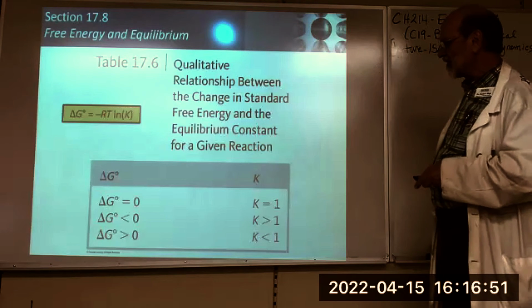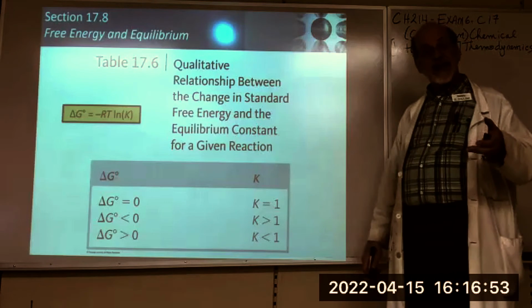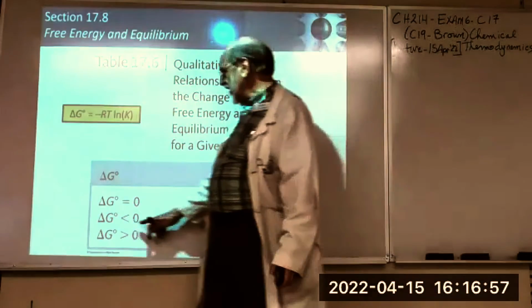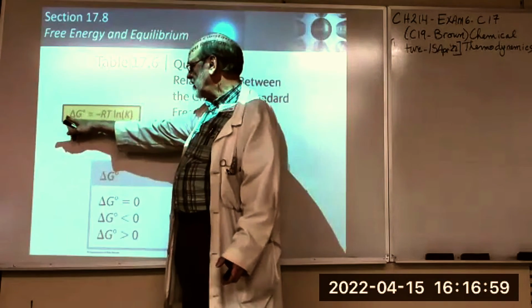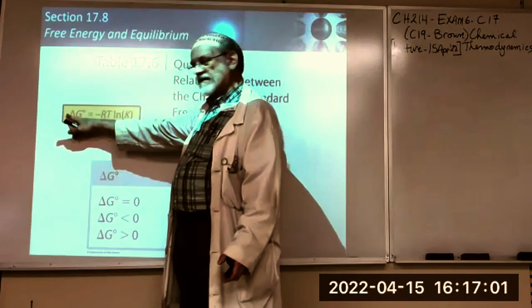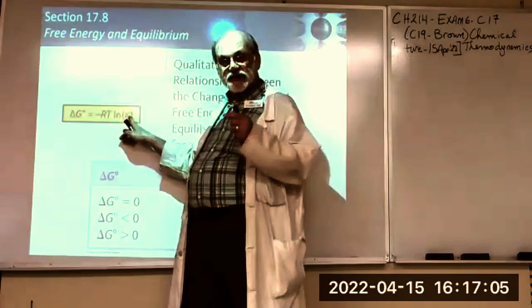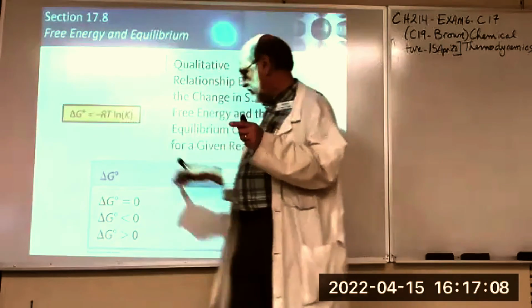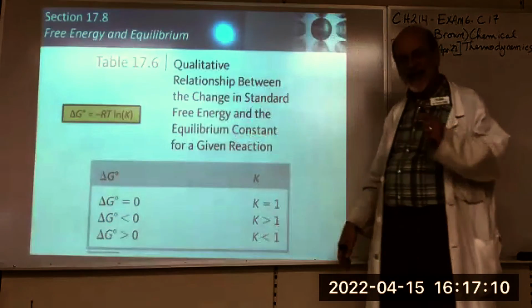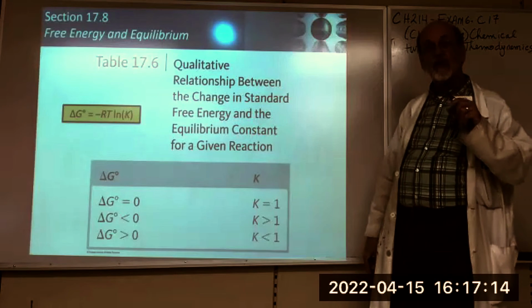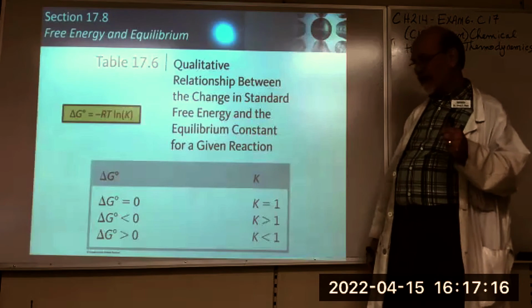What if delta G is less than 0? Then it's spontaneous. And if delta G is less than 0, negative, negative, then K must be greater than 1. K has to be greater than 1 in order for delta G0 to be less than 0, to be spontaneous.